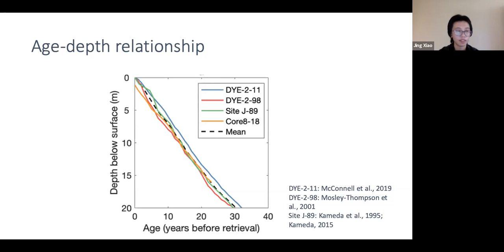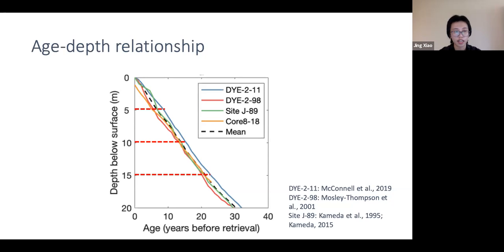This data suggests that the top 5 meters were deposited approximately in the last 6 to 9 years before the core retrieval. And then the top 10 meters were from about the last 13 to 15 years. And the top 15 meters were from about 20 to 23 years.